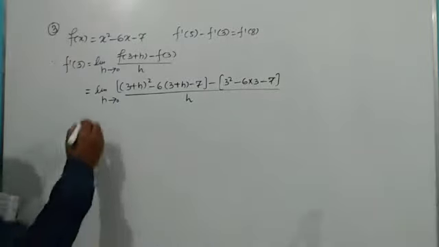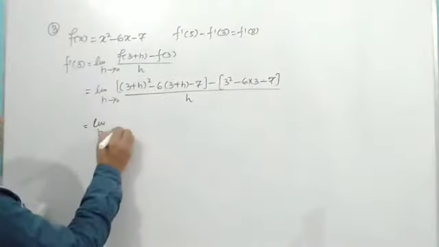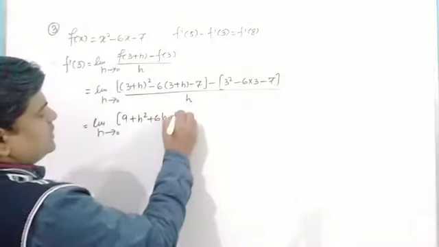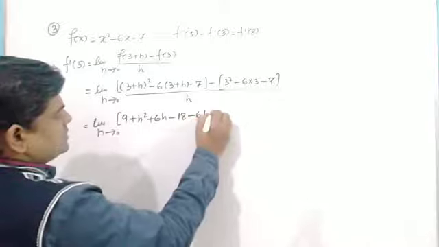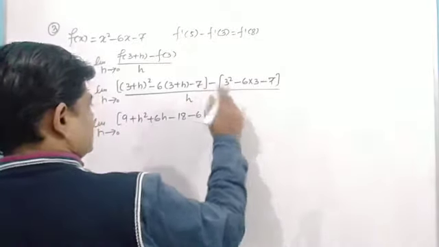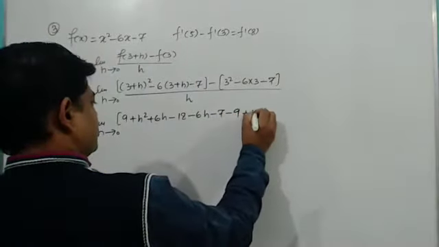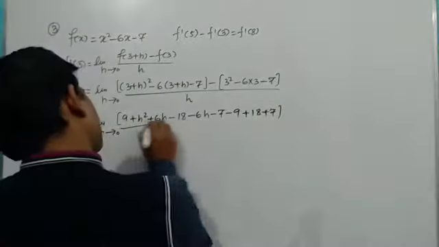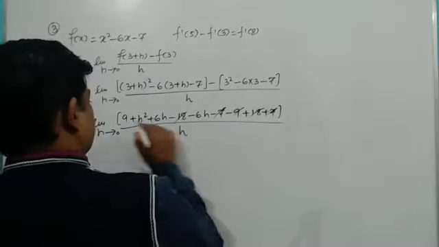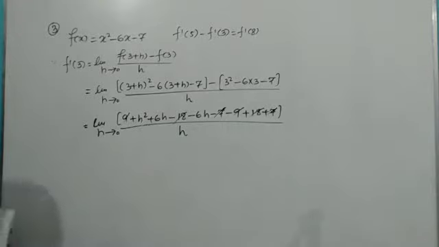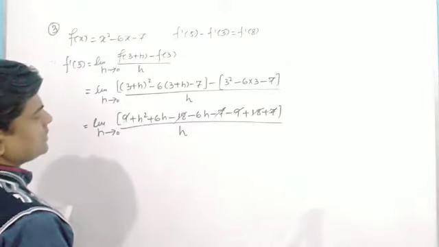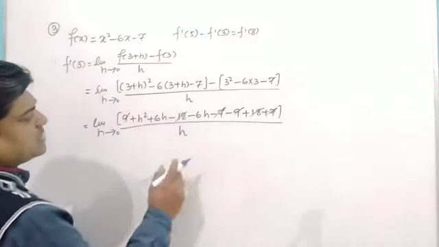Now we can simplify, and then it is limit h tends to 0 of 9 + h² + 6h − 18 − 6h − 7, and by simplifying, minus 9 plus 18 and plus 7, whole upon h. 7, 7, 18, 18, 9 and 9 cancel. Now in the rest of the terms, 6h and 6h can be cancelled.